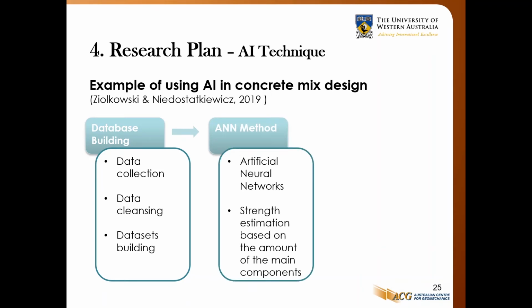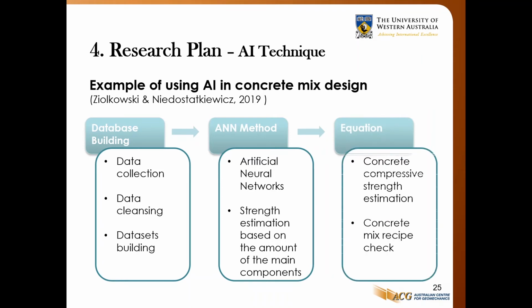This method can be used to estimate the strength of the concrete based on the amount of the main components of the concrete mix. After they got the optimal ANN model, they simplified it into an equation. They use this equation in practical engineering, for concrete compressive strength estimation, and it can serve as a tool for concrete mix recipe checking.